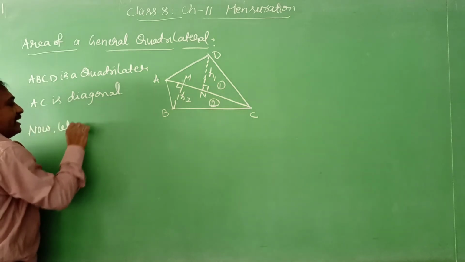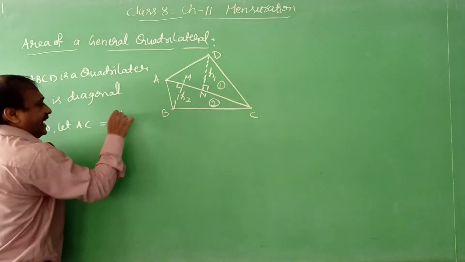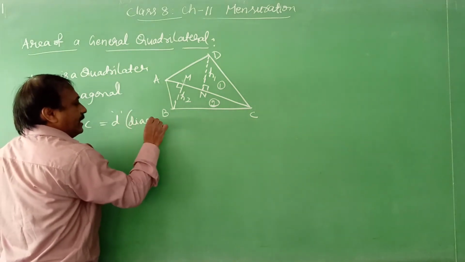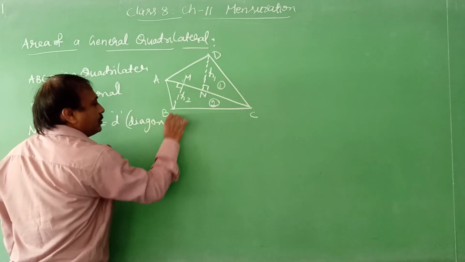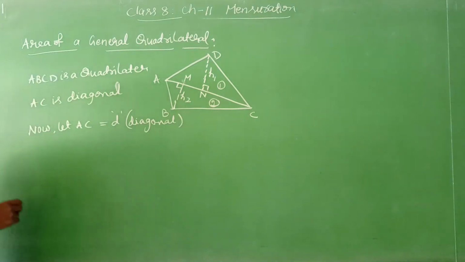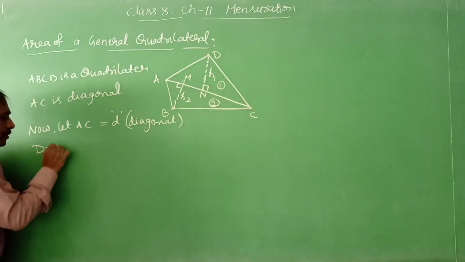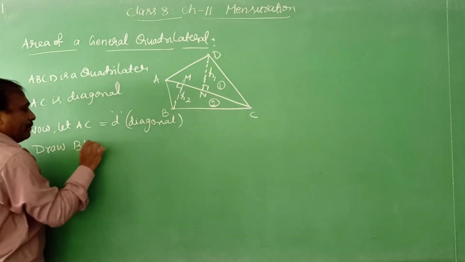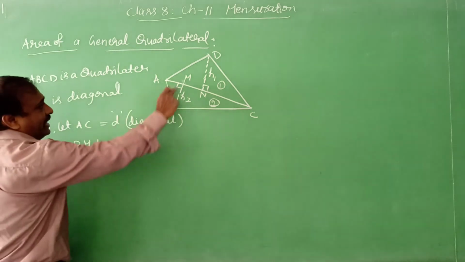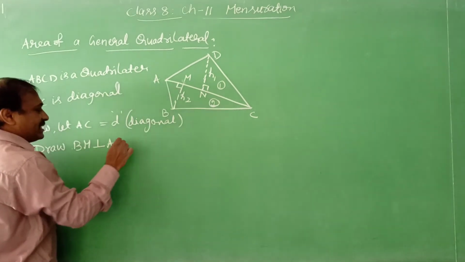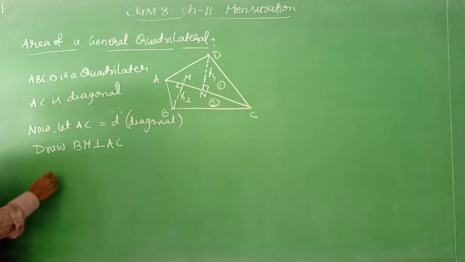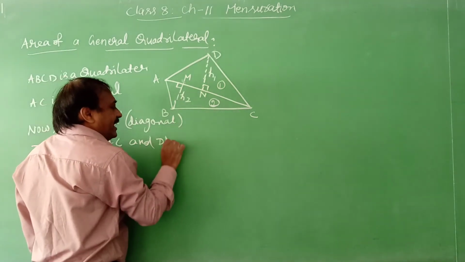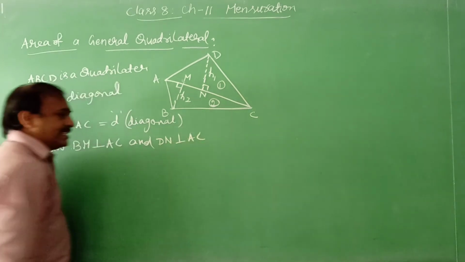Let AC be equal to D. Next, draw BM perpendicular to AC and DN perpendicular to AC.